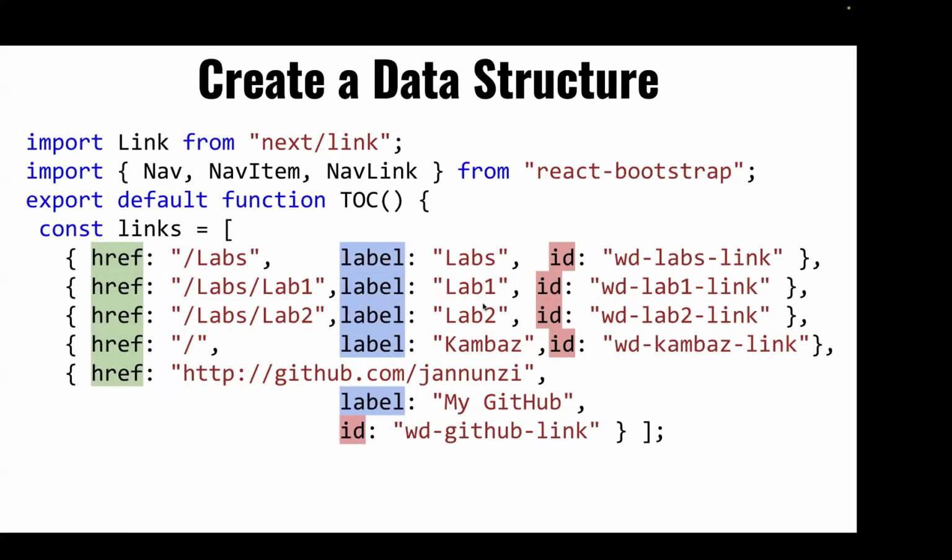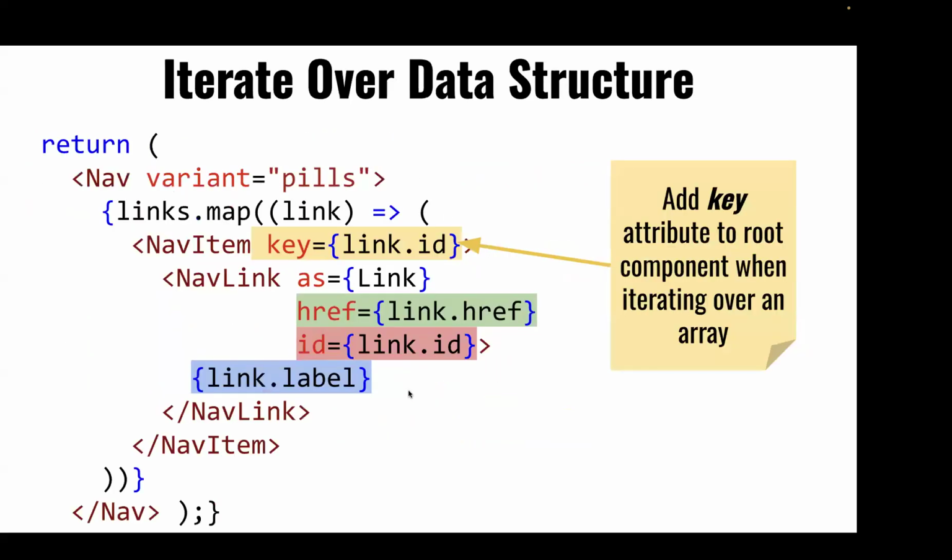So given this data structure, we can now redefine the implementation of our navigation table of content as a map. The map can iterate over the links and generate each one of our nav items, where as we're iterating, we can define the href, the IDs, the label from the data structure. Okay.